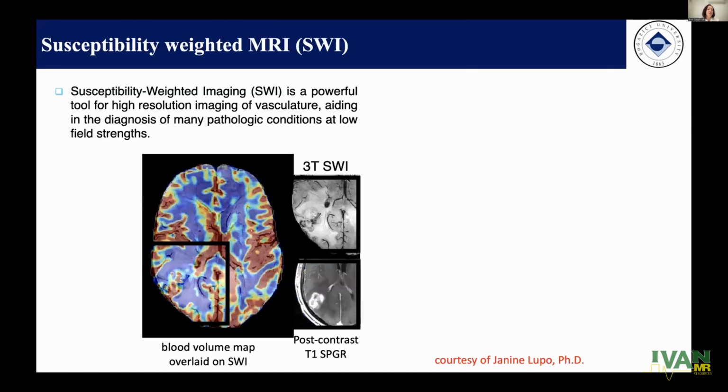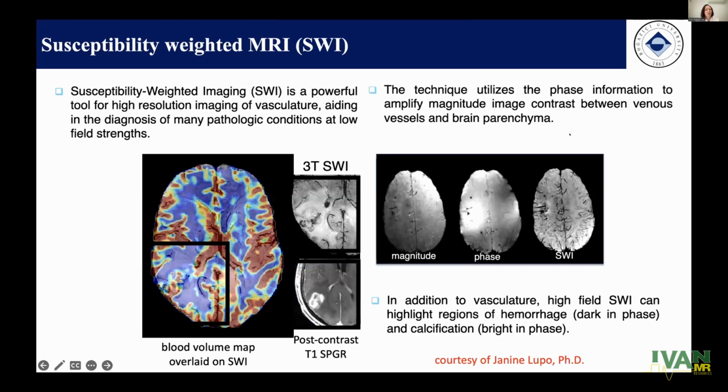We could also use susceptibility-weighted MRI, which is a very powerful tool, and it provides high-resolution imaging of the vasculature. What we do in SWI is we get the phase information along with the magnitude image, and we multiply the phase map, after some corrections, of course, because there's phase warping, with the magnitude image. And then we create the SWI image.